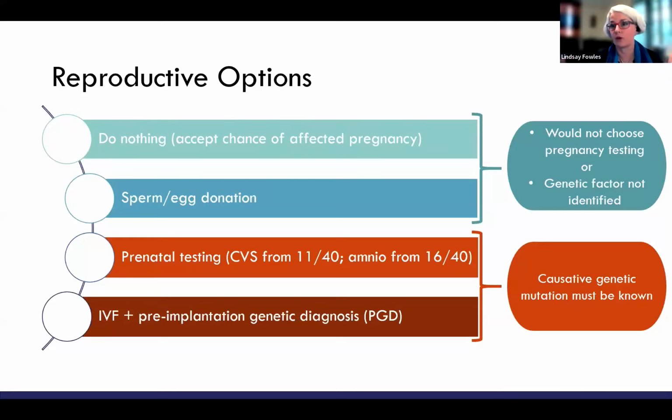They may say, well, we're going through IVF anyway, we'll just add on this extra step for pre-implantation genetic diagnosis. And the goal here is to achieve a pregnancy with an embryo which is not carrying the familial genetic factor. So to achieve a pregnancy with an embryo that won't develop the familial condition.